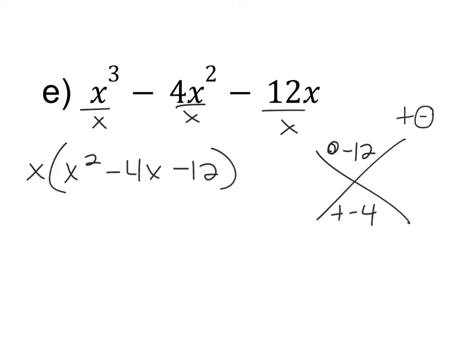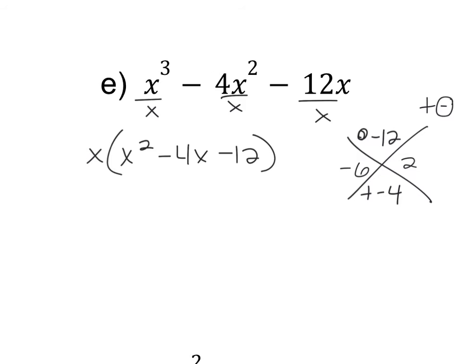All right, and so let's go ahead and think. I believe in this case it would be -6 and positive 2. Yes. So remember, you have x, and then just leave it out there. It's not going to hurt anything. So I have x squared minus 6x plus 2x minus 12.